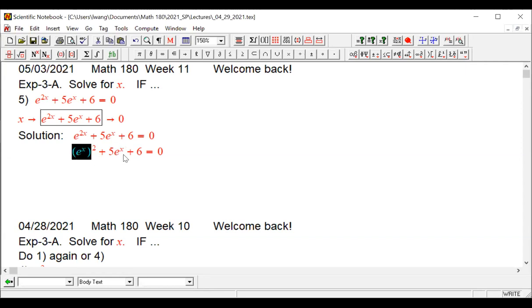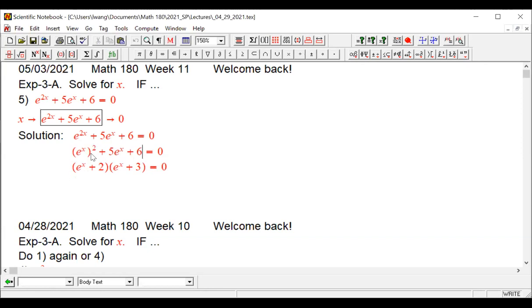We recognize that we can imagine these as u. So we can do it explicitly or implicitly. If we do it implicitly, then we would have e to the power x plus 2 multiply e to the power x plus 3. This is the result of factoring the left-hand side of the quadratic form.